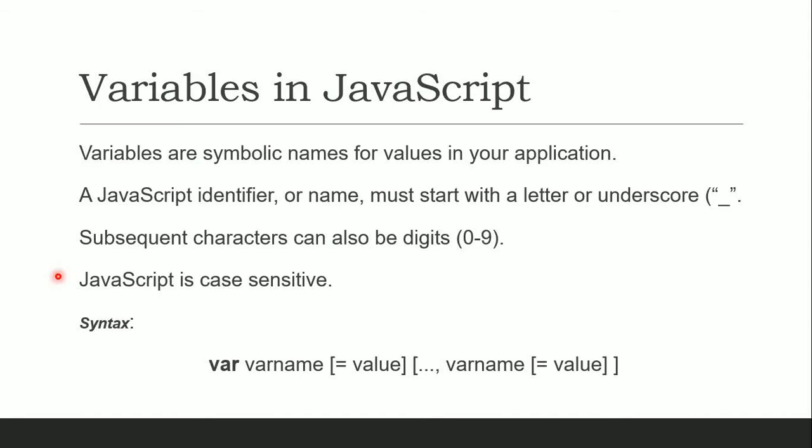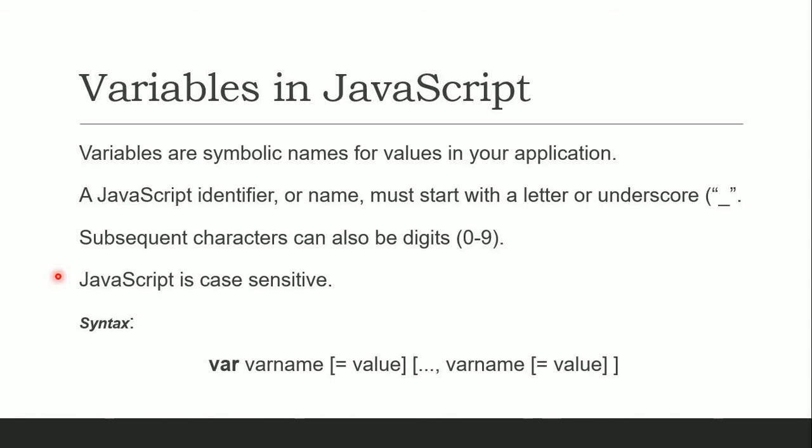In other programming languages, we always say that a variable is a placeholder in memory that is given a unique name, which is symbolic. And that's why we say also that in JavaScript, a variable is a symbolic name for values in our application.